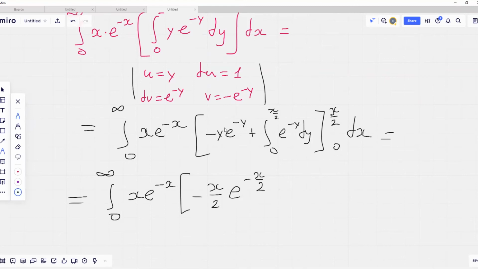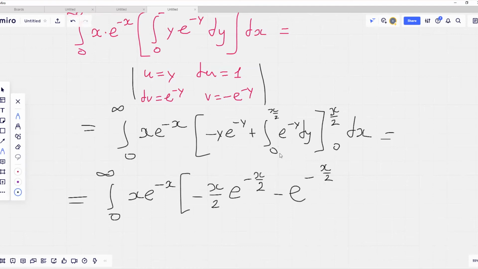When y is equal to 0, this is 0. Now this integral here is minus e to the power of minus y. When y is equal to x over 2, that will be e to the power of minus x over 2.